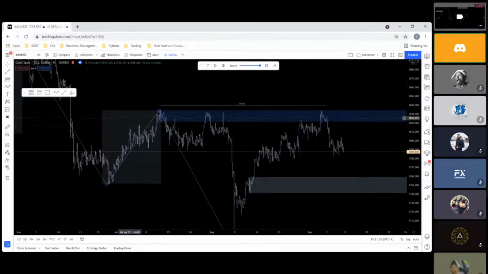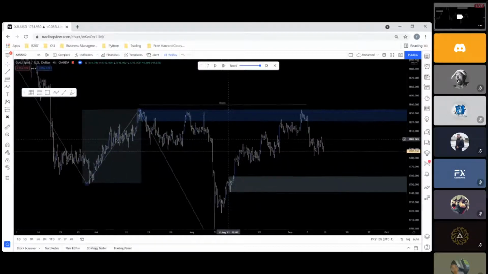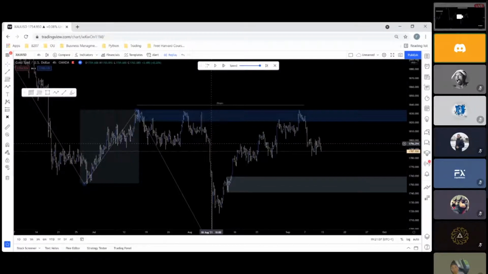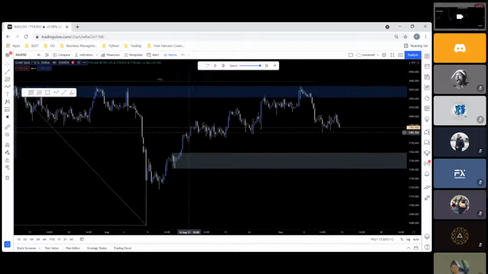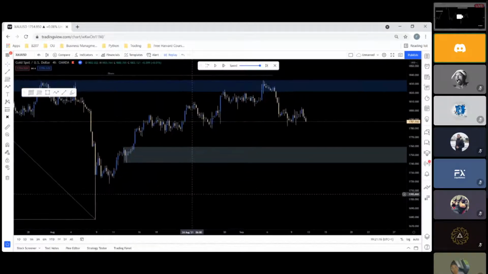For me, when price comes back into this zone, it adds confluence to, okay, we're going to start changing structure and dropping back down to the downside. So at this point, I will map out the 4 hour.